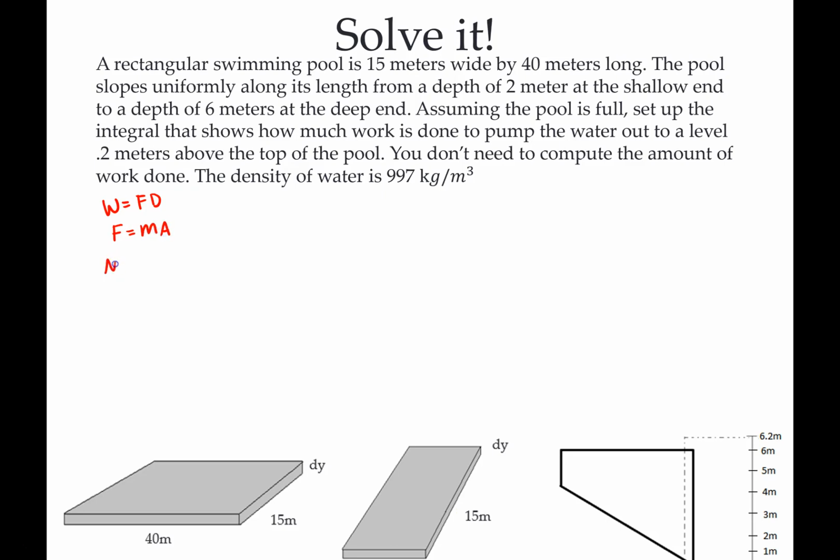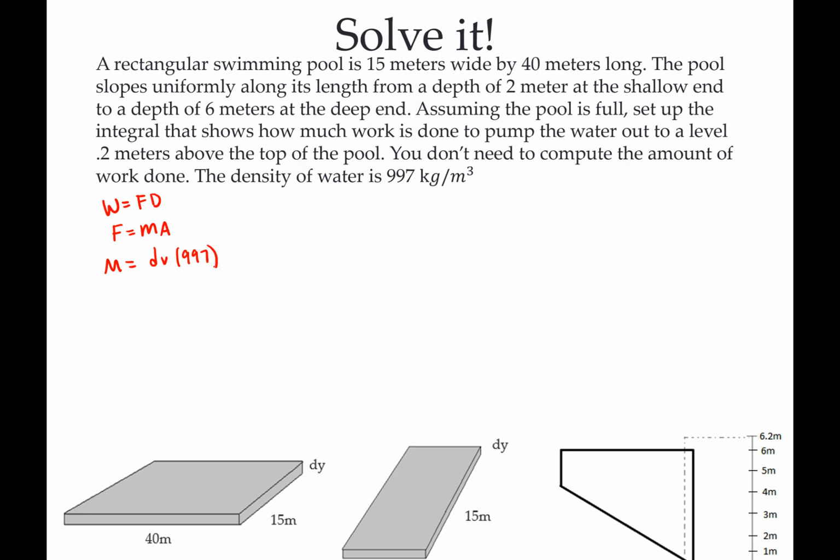Then mass is equal to volume times density. That came from a formula earlier. So my volume, I call that dV, and my density was given to us as 997.